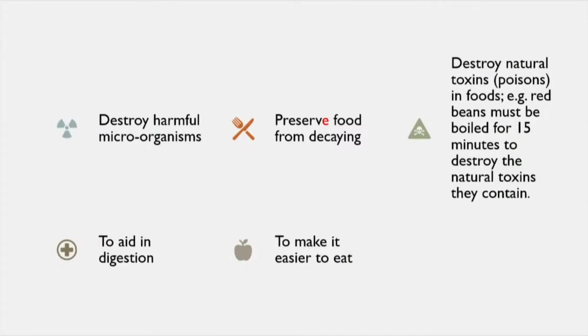Now, cooking is extremely important. Not discounting that you can have raw produce, but cooking has its place. When you apply heat, you destroy harmful microorganisms. And that is very important because once there is any microbial growth or any microorganism present on food items, you know that there is food infection bound to take place.